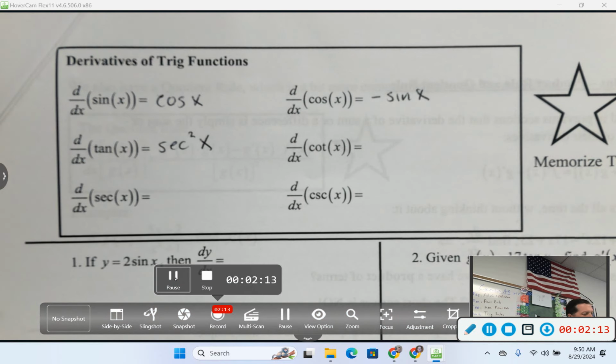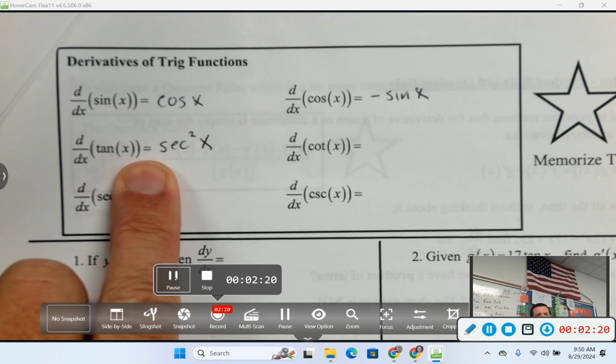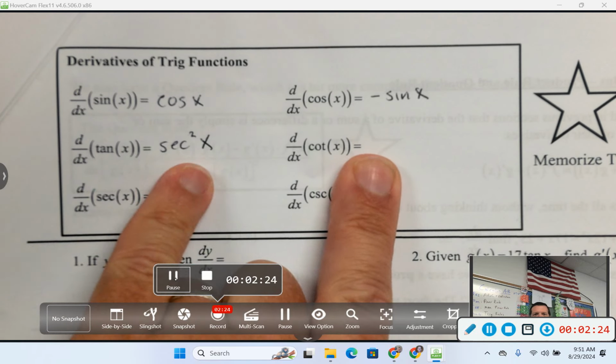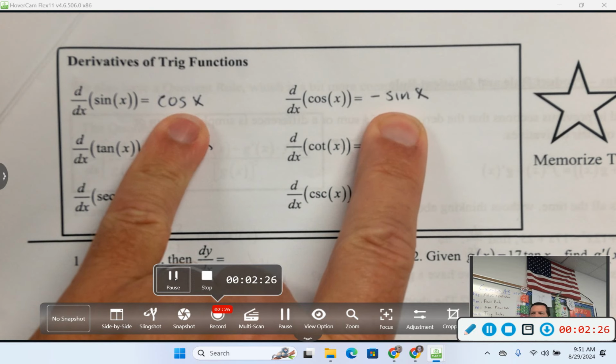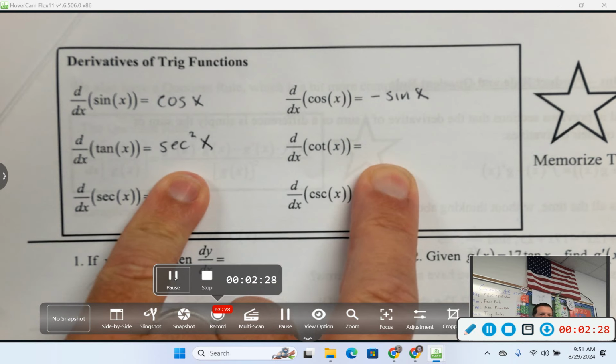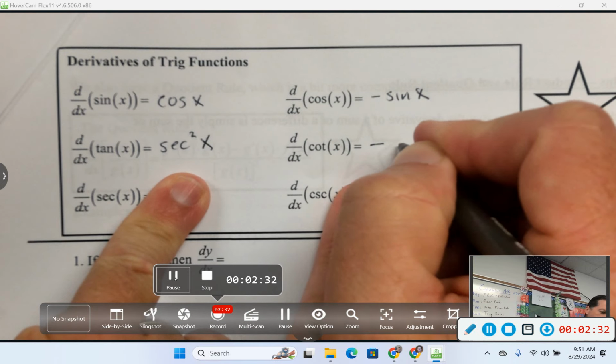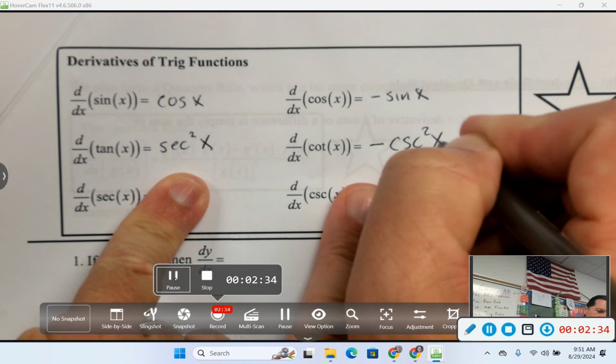And what I hope you remember at least is that there's a pattern going on. If you remember the derivative of tangent, you can probably figure out the derivative of cotangent. The sine and cosine trade places and it becomes negative. So it's negative cosecant squared.